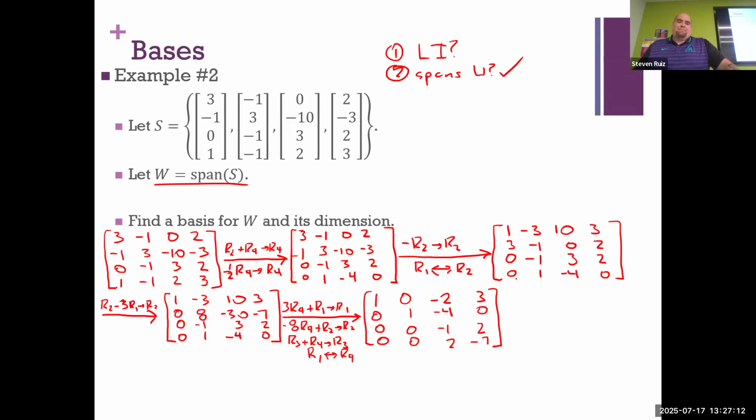Excellent. Now what? Row 4 plus row 3 and put that where? Okay.